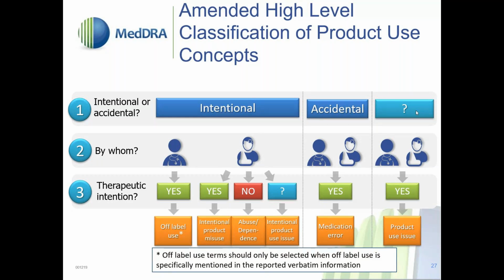Again, please be aware that there are more specific LLTs and PTs for these high-level concepts, so more descriptive MedDRA terms that do not distinguish between intentionality are, so to say, neutral. And you will see some of these terms on the next slide.